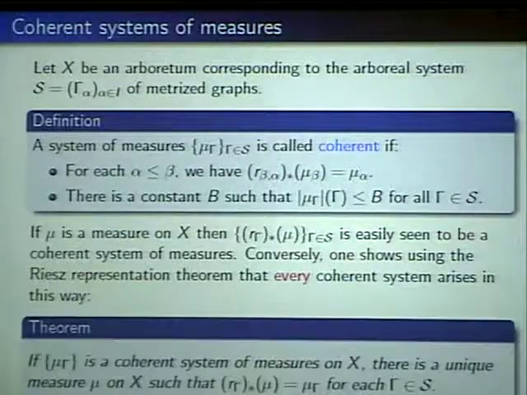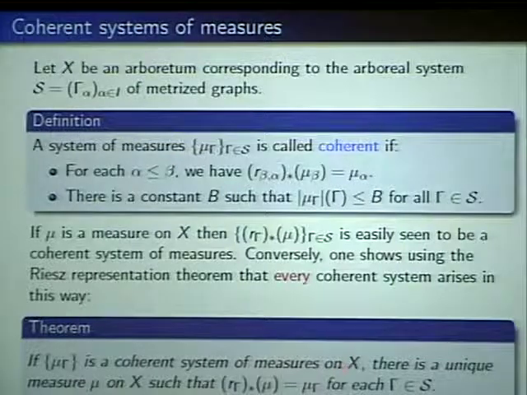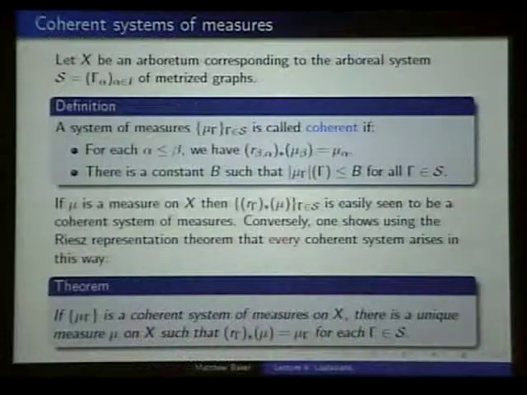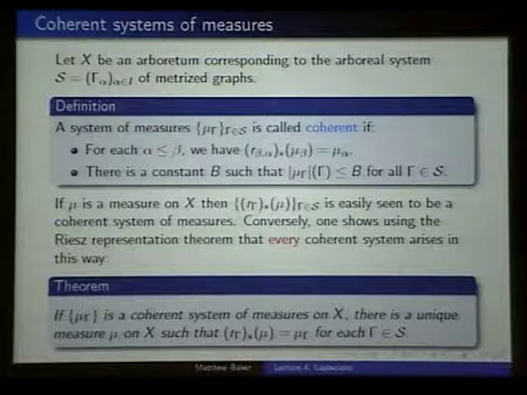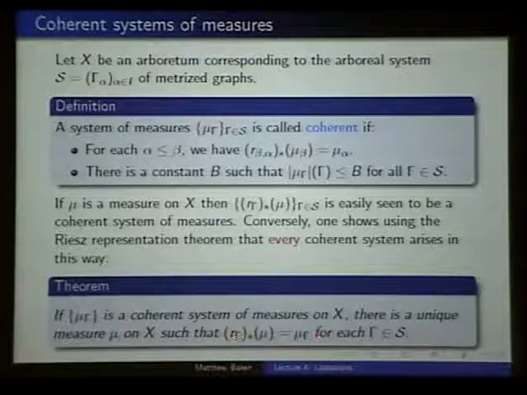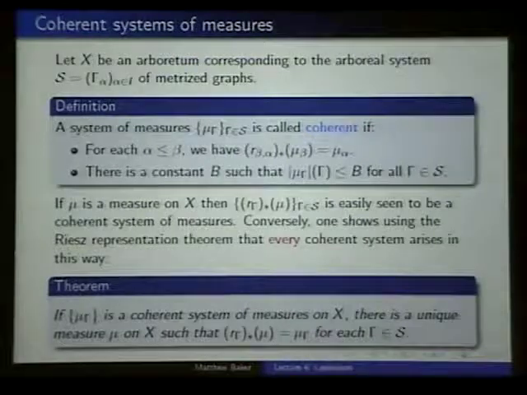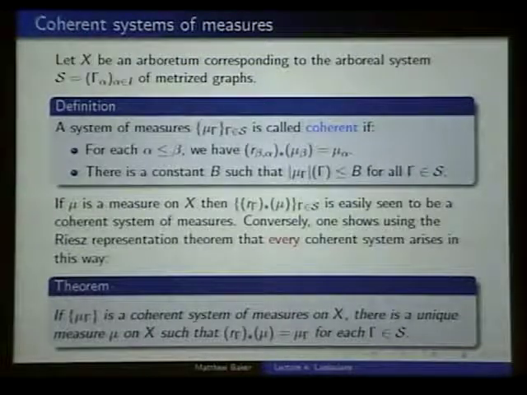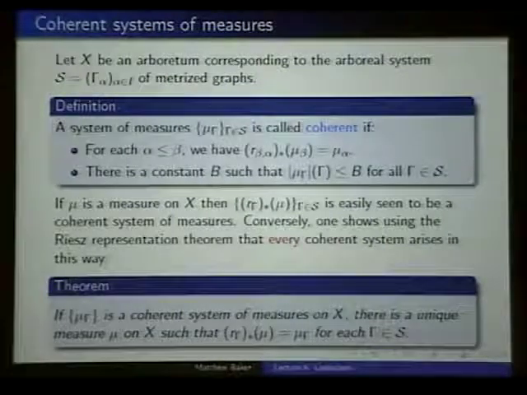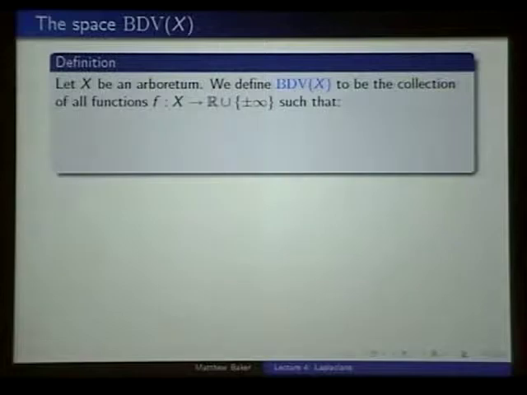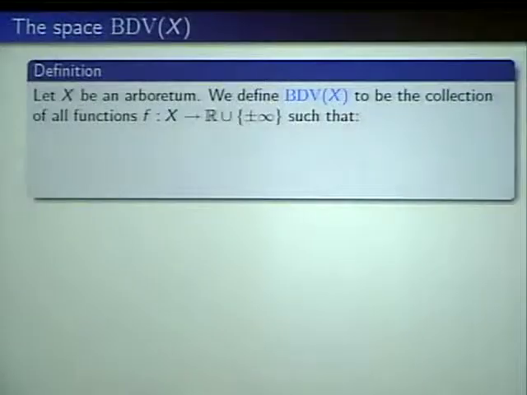In other words, if you have a coherent system of measures on X, there's a unique measure mu on the big space X whose push forward to each finite graph gamma is the given mu gamma. So a measure on the inverse limit space is just a coherent system of measures on each finite subgraph, which is not surprising.